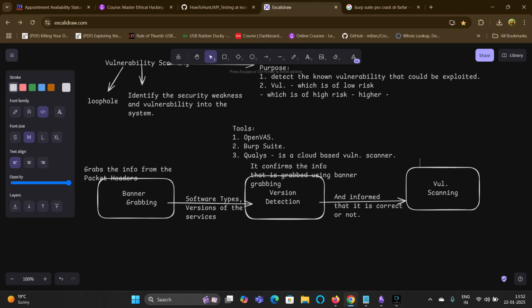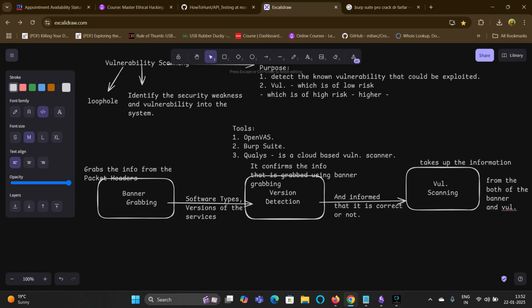And what is the task of vulnerability scanning? It takes the information from both of these previous steps, banner grabbing and version detection.